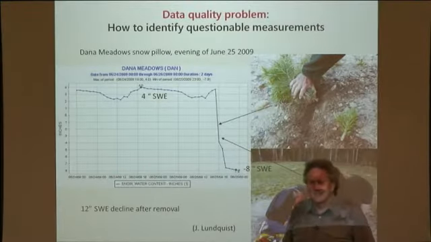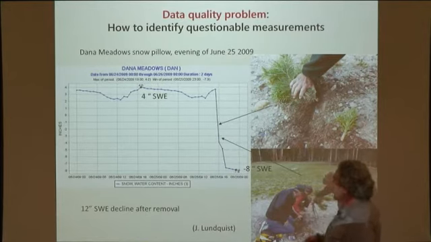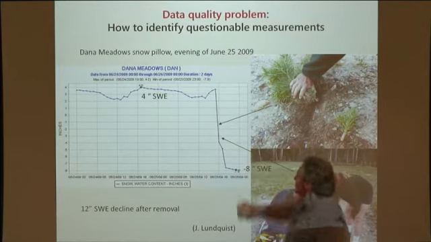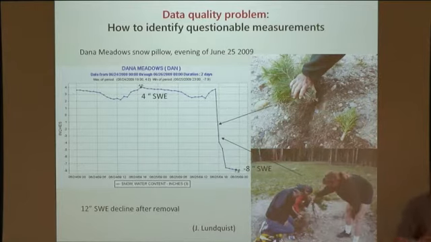Jessica Lundquist, who's a faculty member at the University of Washington, was working in this area, and the Dana Meadows pillow wasn't corresponding very well to what she was seeing in the other pillows. So she went to it, and there's a tiny tree growing in it. And when she took the tree out, the snow water equivalent dropped by 12 inches.